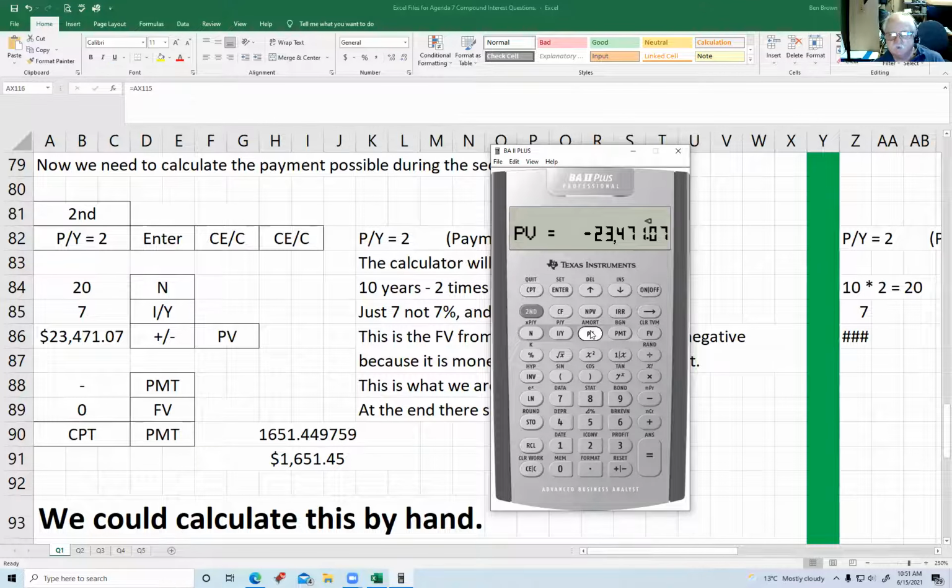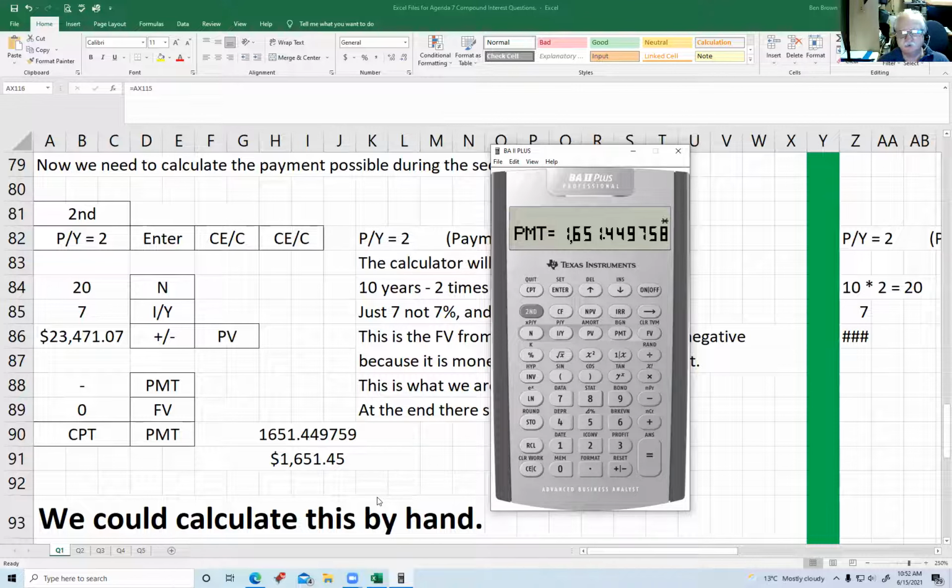We can ignore the payment because that's what we're going to solve for. But at the end of the time period, there has to be no money left, so we put 0 into future value, and we compute payment. And we're getting 1651.449, which we're going to round off to 0.45.